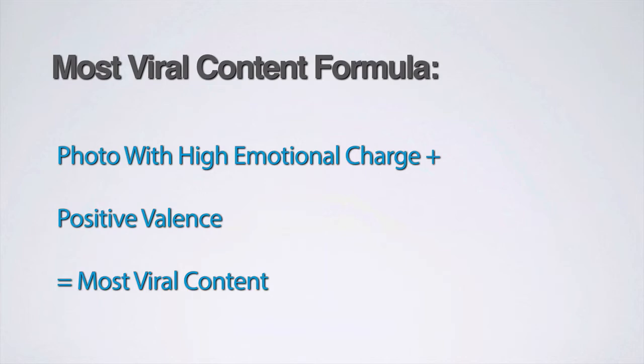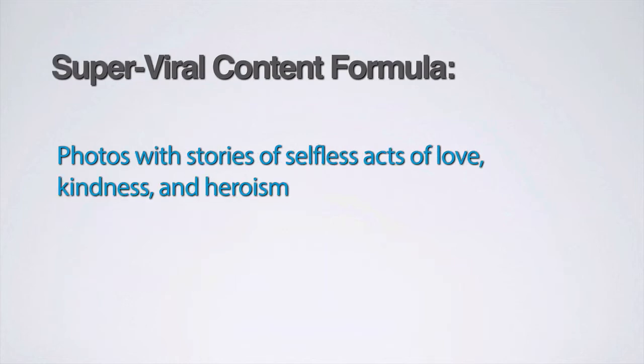Now, I've been studying posts on Facebook for going on 9 years now, and I discovered something really interesting. I started noticing the posts that got over 100,000 likes. I call those super viral content. And I discovered that there's a formula that creates the super viral content.